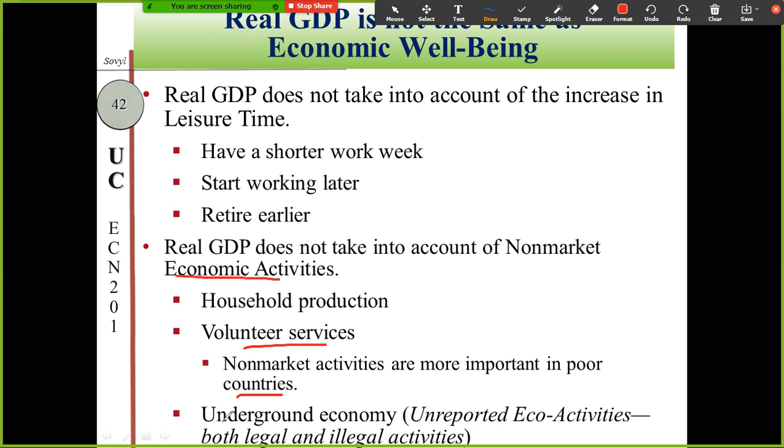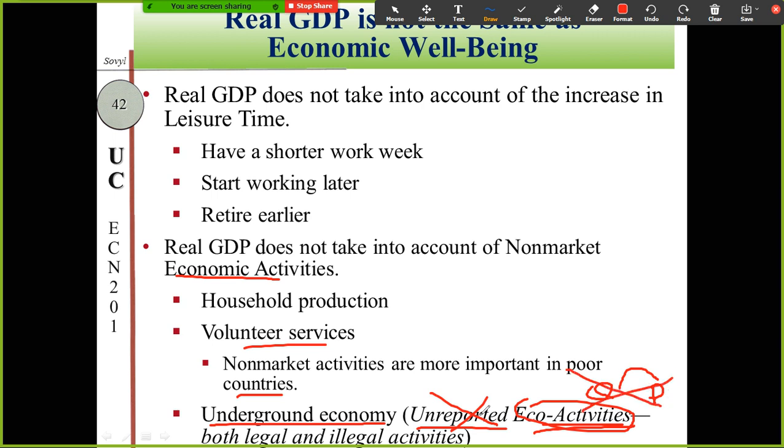The other one, non-market economic activity, refers to the underground economy. Underground economy refers to economic activities that have no report. They produce output. They also have price. Actually, we could find a market value for this activity, but without a report, we don't have it.